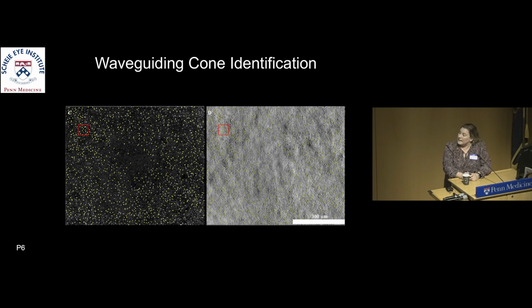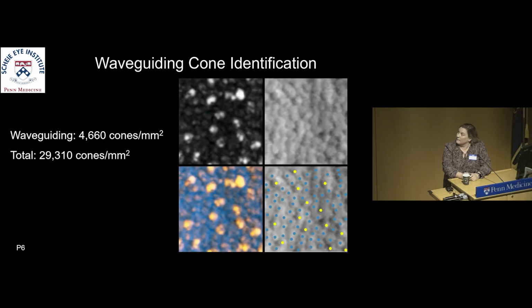So I'm just going to zoom in now to that box and show you the confocal and split detection image at the top, just at that small region of interest. The image on the bottom left is now a pseudo-colored combined image where the confocal wave-guided signal is shown in the orange or yellow color, but the split detection image is shown in the blue.